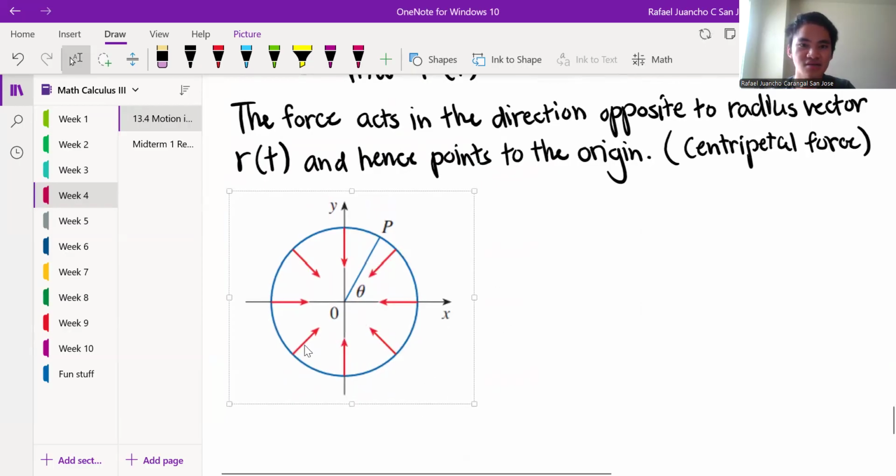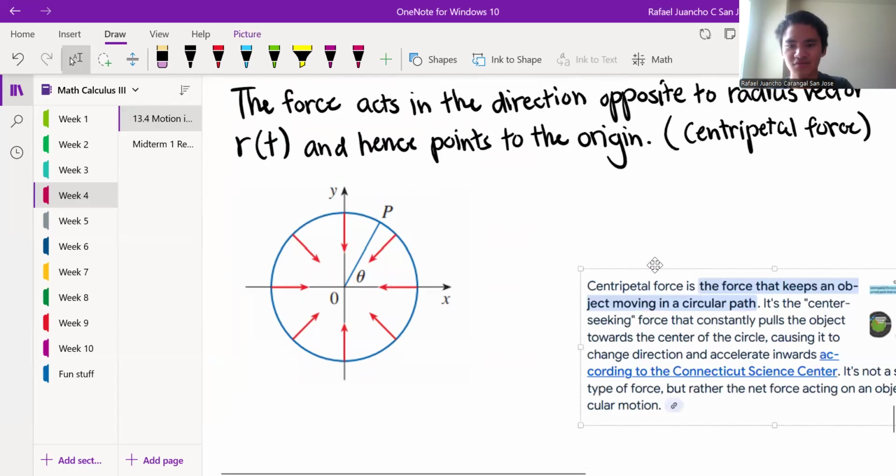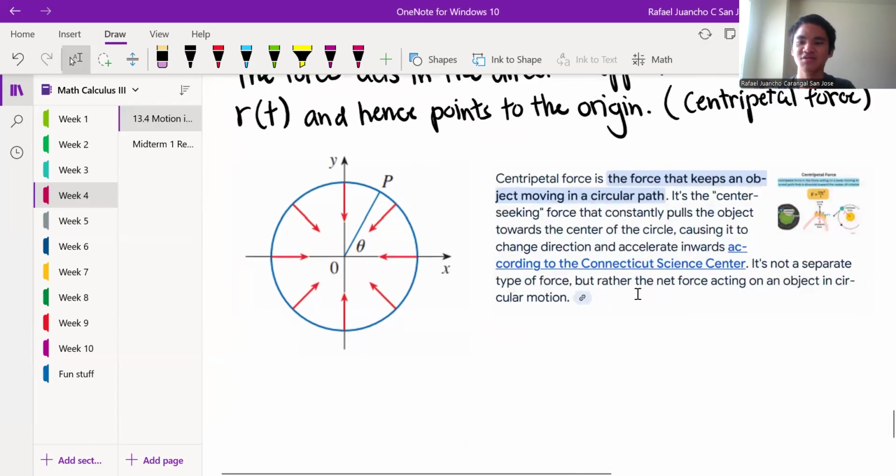According to my Google search, it's the force that keeps an object moving in a circular path. I can relate this to Earth, right? Because we have gravity and we're not going out of Earth, then this is the center. So I think it's pushing us down towards the center of Earth or something like that.